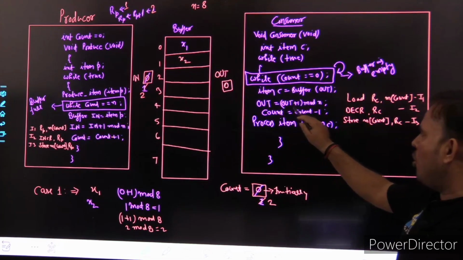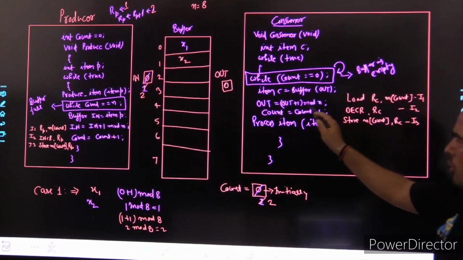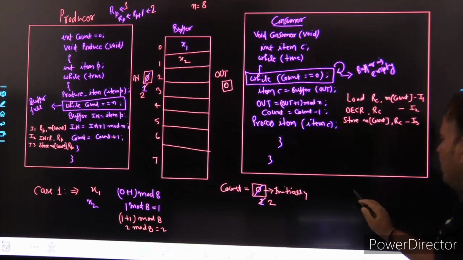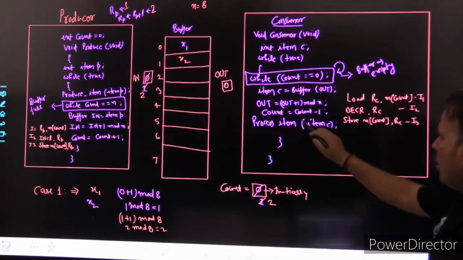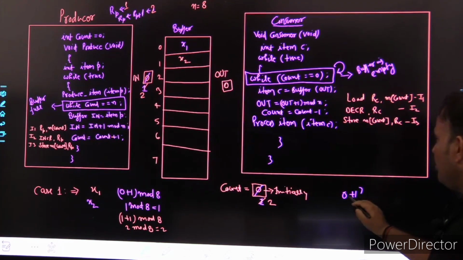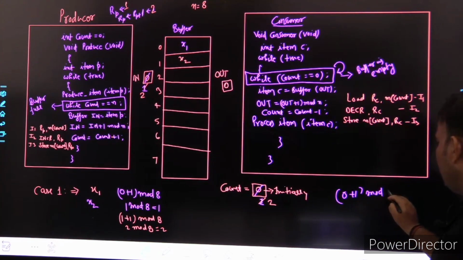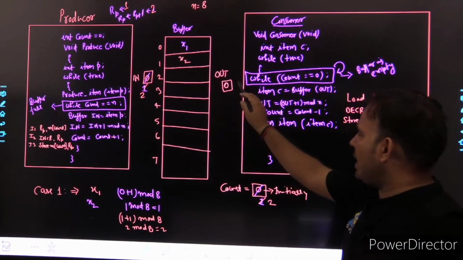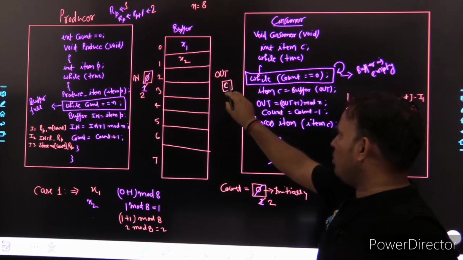So out = (out + 1) mod n. Now we need to change this value of out. Out is 0, 0 plus 1, 0 plus 1 mod 8, so 1 mod 8 is 1. So now this out value changes from 0 to 1.